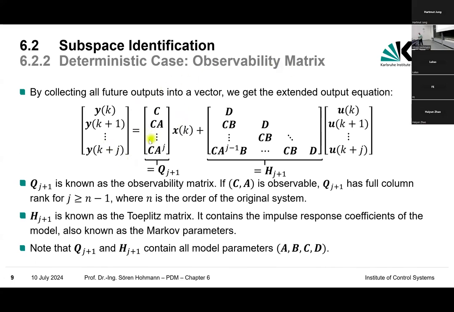This is interesting. Okay, observability revisited, simply described in discrete time. And the second matrix also has a name. It's called the Toeplitz matrix. I don't know whether you have heard this term. It's interesting because it describes the impulse response behavior of the system.